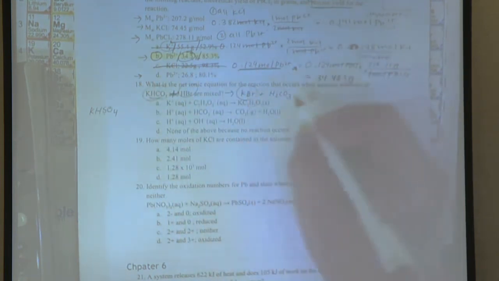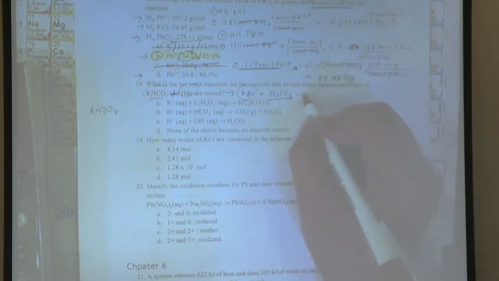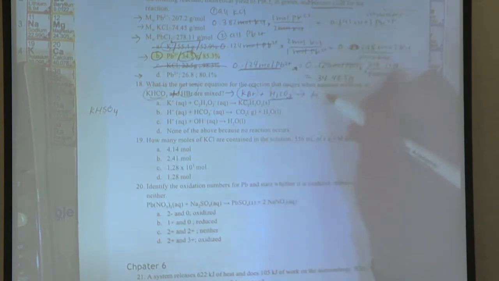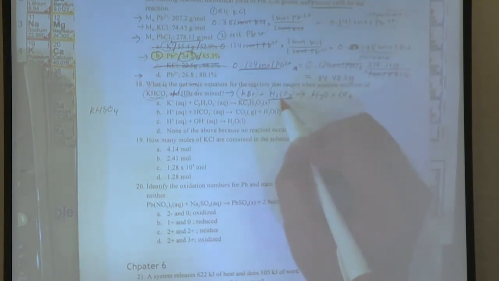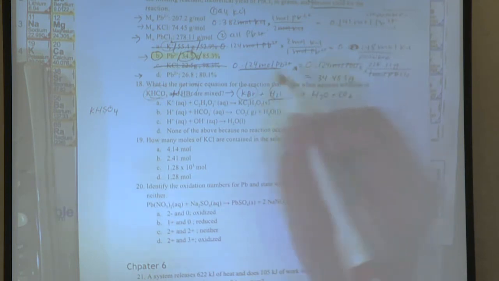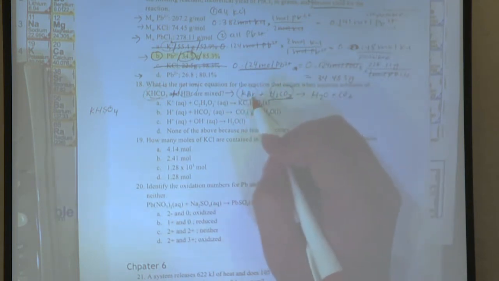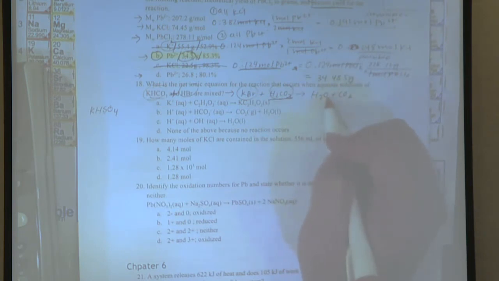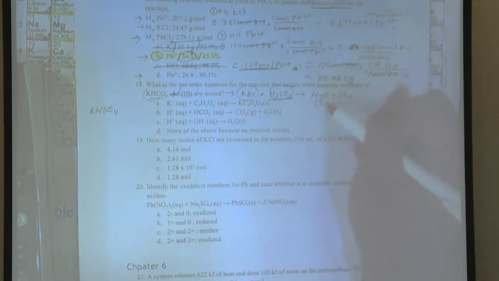This guy is aqueous, but this guy is going to dissociate further, specifically, into water and carbon dioxide, right? So although it's not a precipitate, it doesn't have the ability to be canceled out in a net ionic equation like I would with potassium and bromine because of the fact that it's going to break down further. And water is a liquid and CO2 is a gas. These guys cannot be canceled out either.